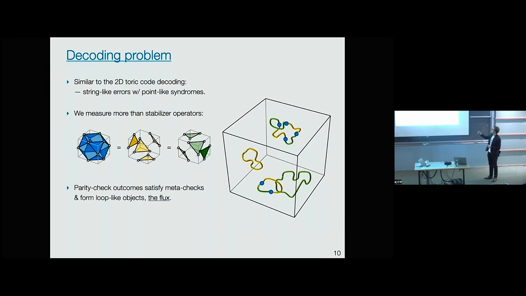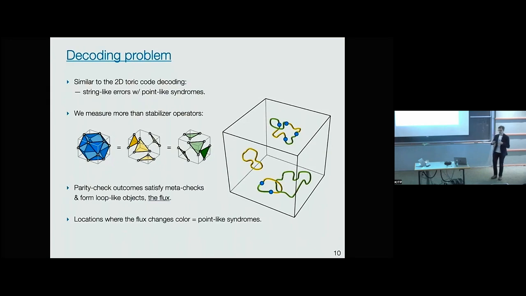There would be a yellow flux that corresponds to -1 parity checks of the first kind, and a green flux that corresponds to -1 parity checks of the second kind. And the locations where the flux changes color from yellow to green are basically the locations of point-like syndromes.